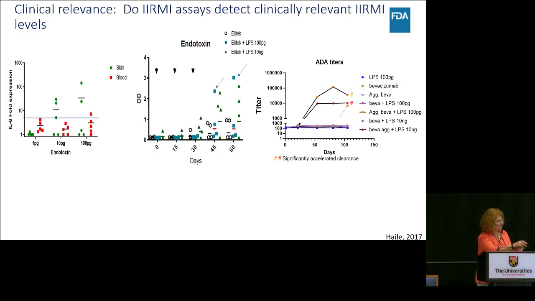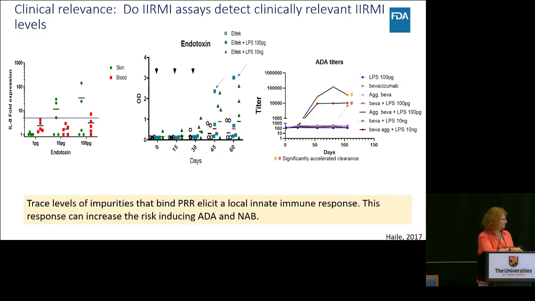When you had the aggregated mAb together with LPS, then you saw an increase in the number of monkeys that had detectable antibodies, and those were sustained antibodies, and more importantly, they correlated with a reduction in the levels of the drug in vivo, so they were neutralizing antibodies for all intents and purposes.